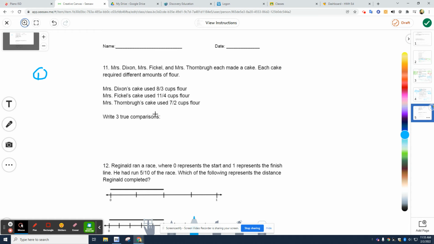So when I'm right there, it tells me what skill I'm using. I am using the skill comparing, because the word comparisons is right here. And that means I need to create a diagram. I need to model the pieces 8/3.